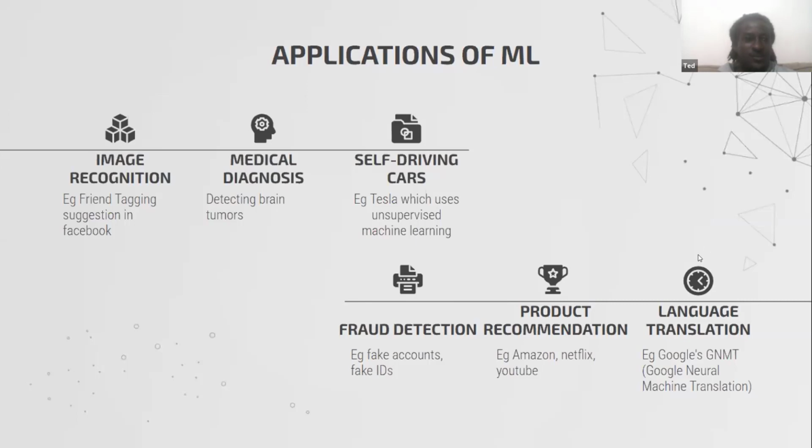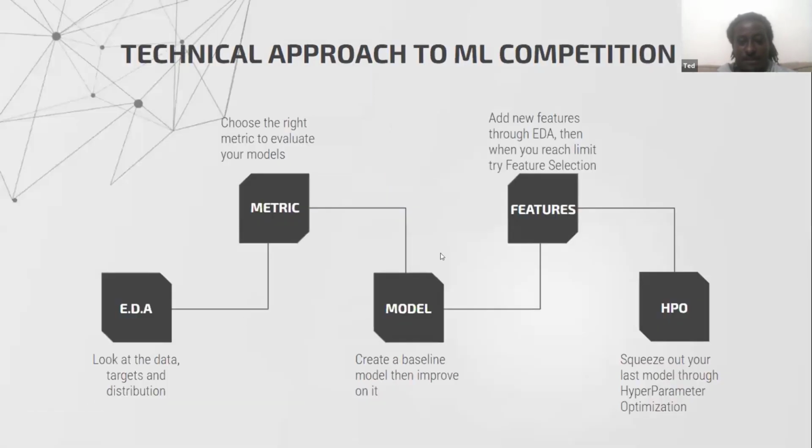When you find a foreign language somewhere, maybe when you're browsing and you want to know what it means, and you type it in Google, it runs a loading screen and then translates to you. Voila, like magic. This is what this means, and that's machine learning. There are plenty of applications of machine learning, and I'm sure everyone has used one application, whether knowingly or unknowingly, at one point in time.